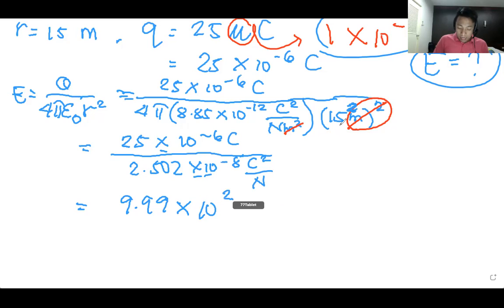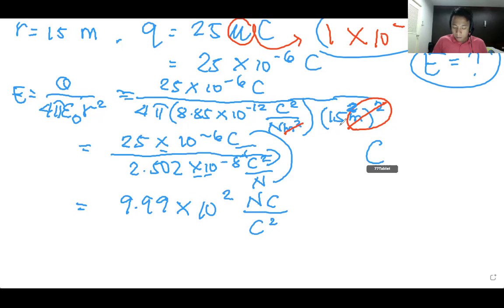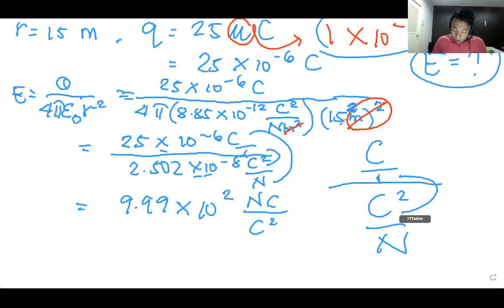And then multiply this, and C over C squared. Let me show how it was obtained. Since C is only 1, it automatically has 1 as denominator. So C times N is NC. C squared times 1 is C squared. That is how we did it.